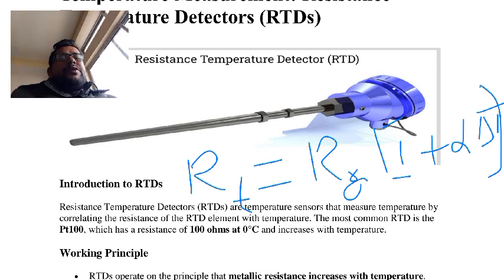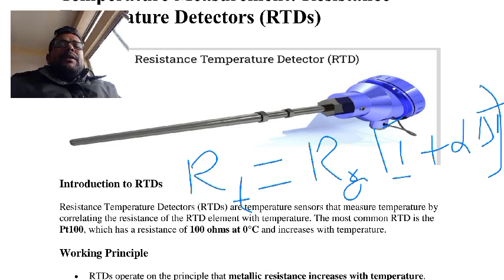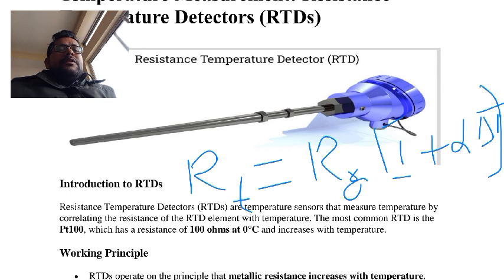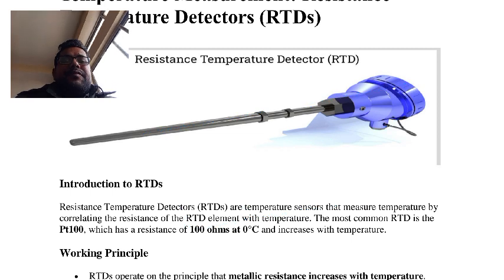Using this equation, if temperature increases, then the resistance increases. Actually, this is not the exact equation; this is the linearized form, for making the measurement linear. So this is a linearized form of the equation for industrial instrumentation.